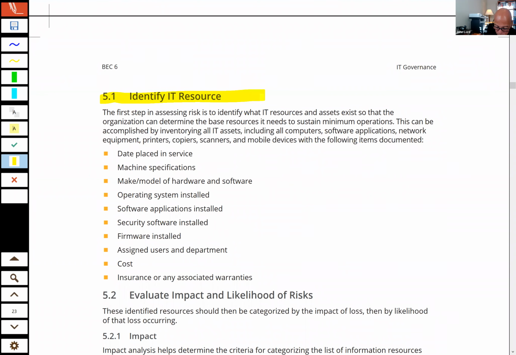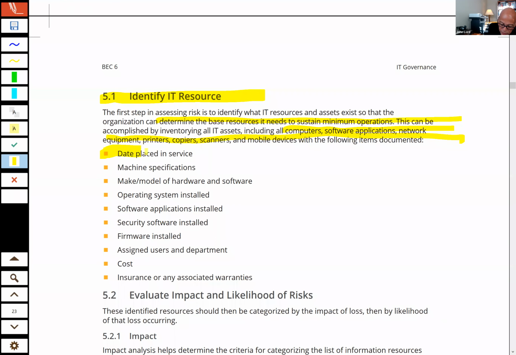Now we have to identify our IT resources, okay? And so we have different IT resources, and we can determine the base resources needed to sustain minimum operations. So we're going to consider all the different aspects of our computer systems, our software, our equipment, our printers, our copiers, okay?